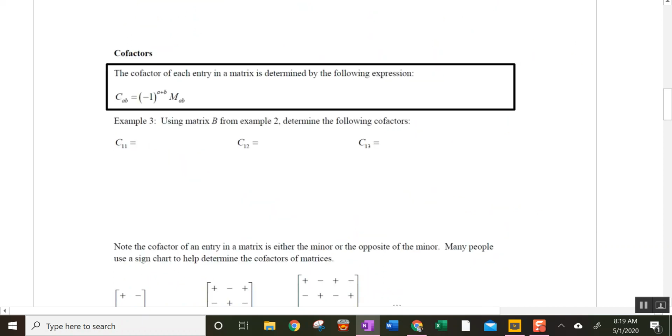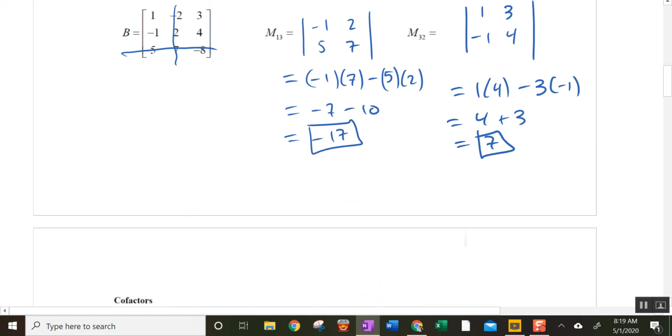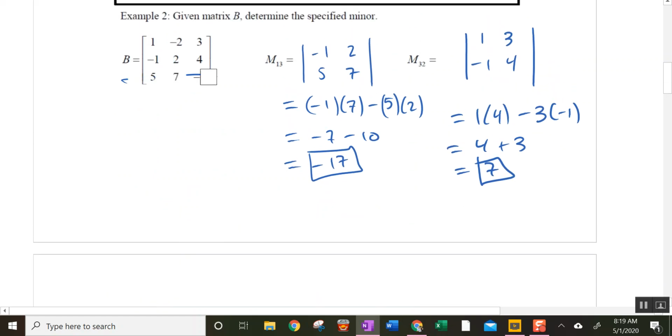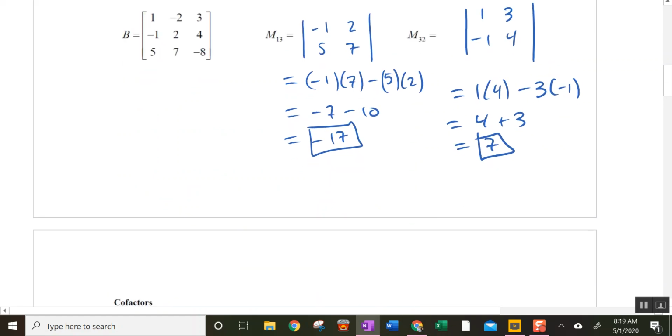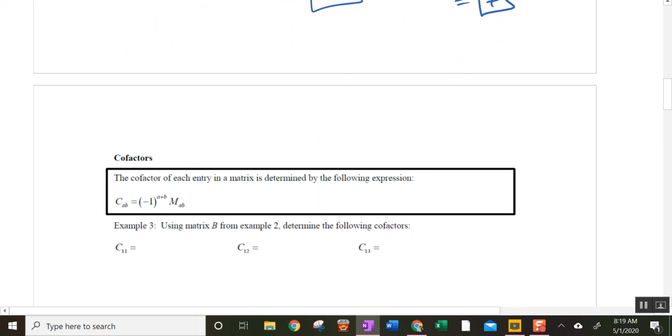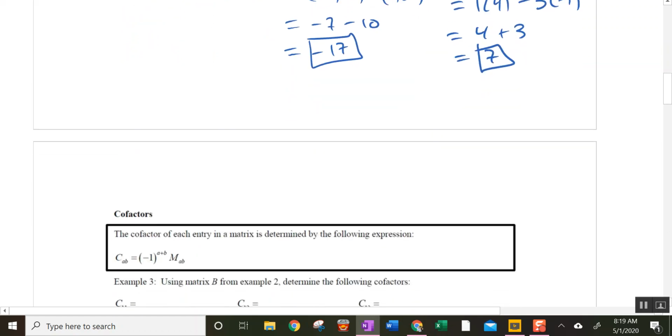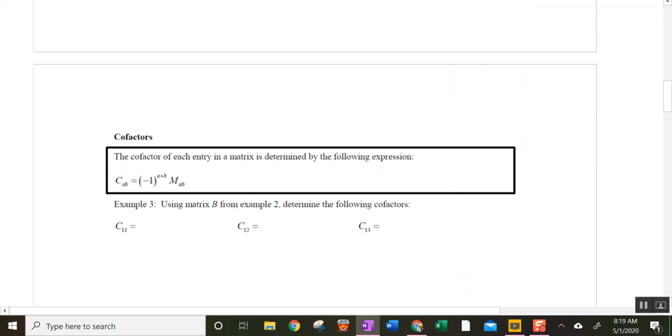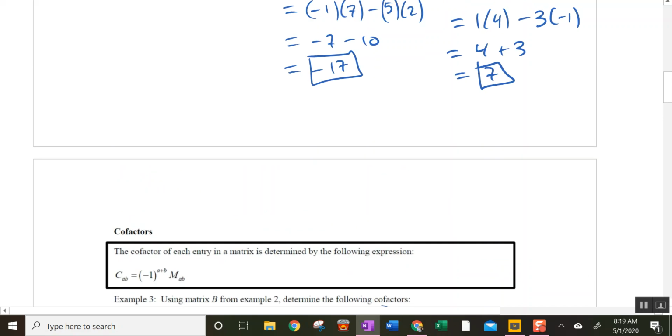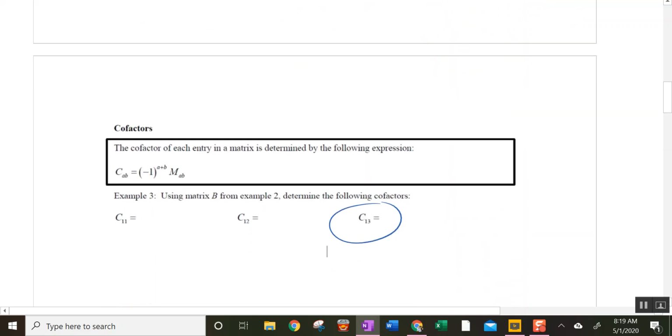So if I wanted to evaluate the cofactor of row 1, column 1, and we can use matrix B up here, we'll see if we can evaluate. We'll do this one over here. Cofactor 1, 3. So if I was going to evaluate that, that would be negative 1, and A and B are 1 plus 3 respectively.